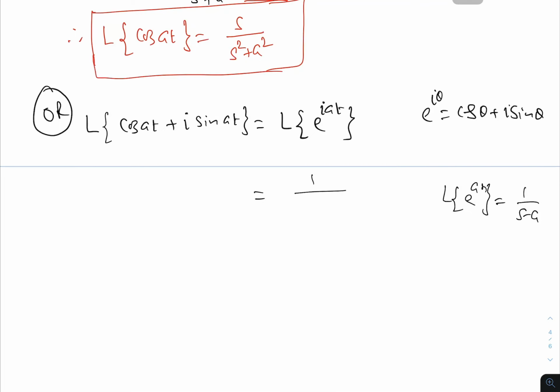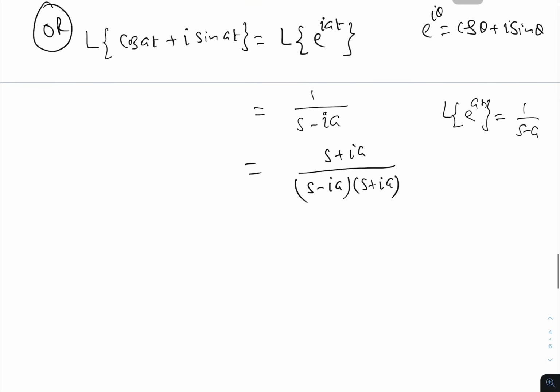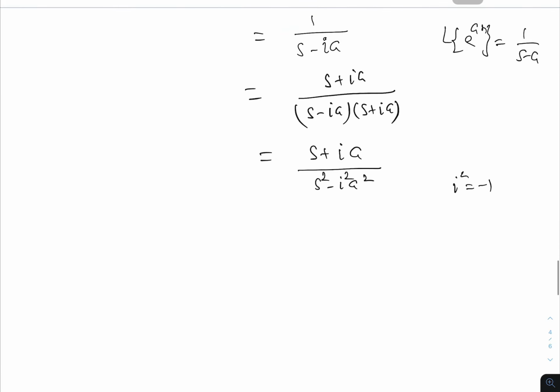So here this is nothing but 1 upon s minus ia, and so this is multiplied and divided by s plus ia, and so this is nothing but s plus ia over s square minus I square a square, but we know I square is minus 1, so this is s plus ia over s square plus a square.